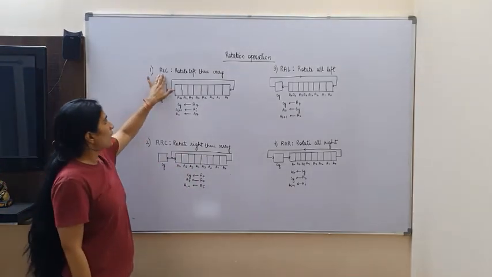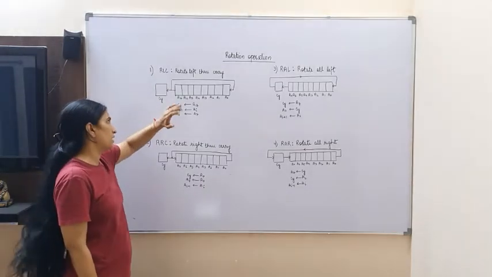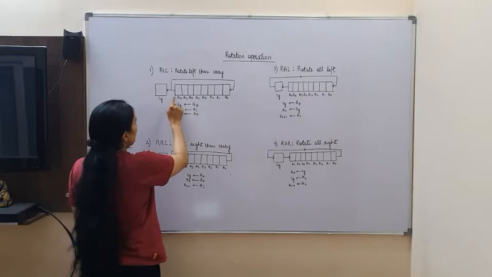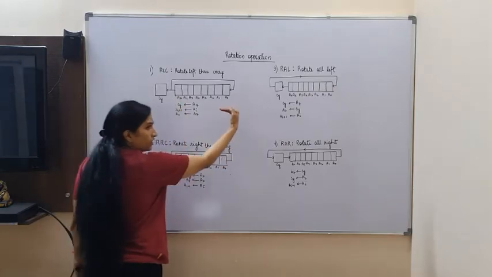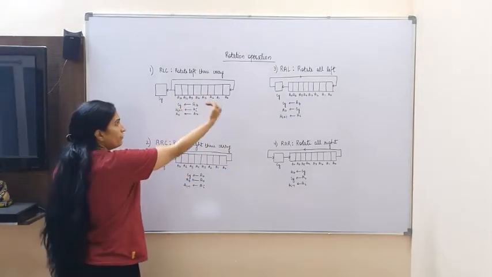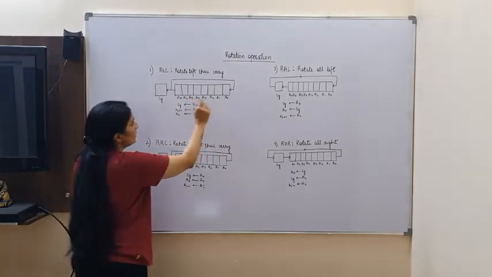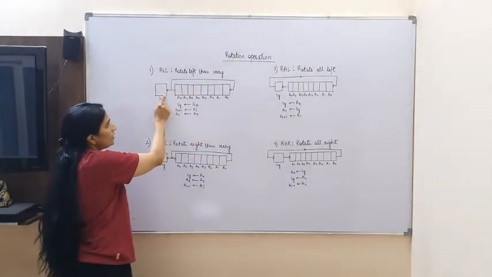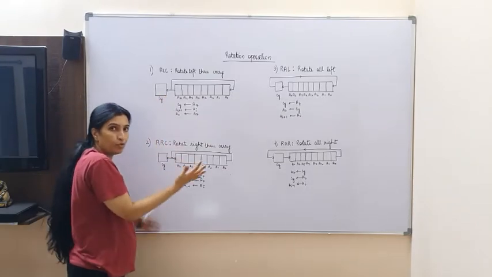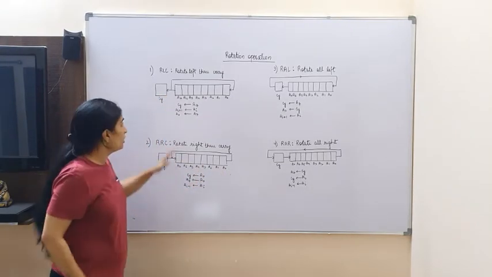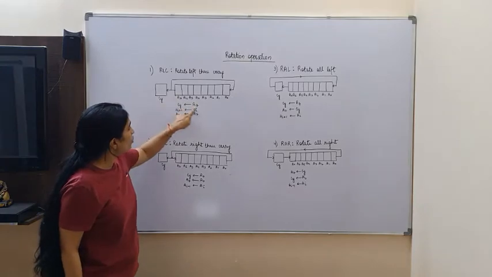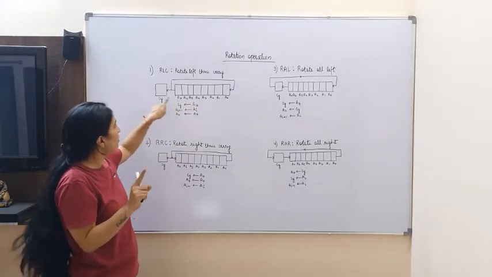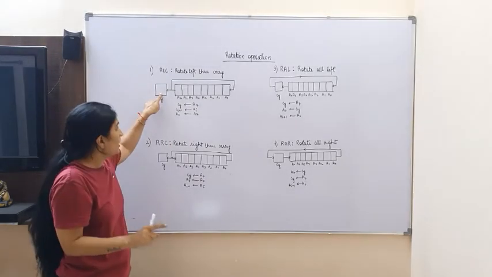First we are going to do RLC, rotate left through carry. Rotate left through carry says that it will be a left direction movement, where the contents of the accumulator and the carry will be moved in the left direction. The content of A7, the A7 bit of the accumulator, will move onto the carry.